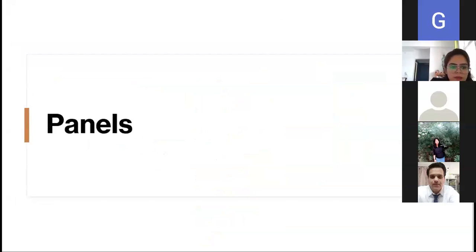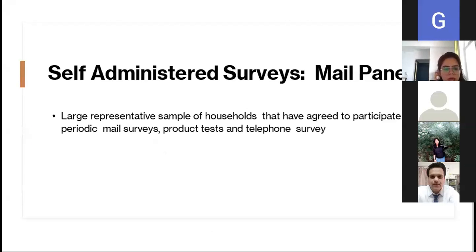Okay, what is a panel? Consumer panel. Do you know what a panel is? Nielsen has a very big consumer panel, and many organizations and research consultancies have these panels. So what is a panel? These are large representative samples of households that have agreed to participate in periodic mail surveys, product tests, and telephone surveys.